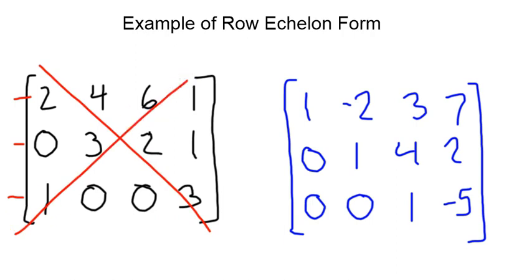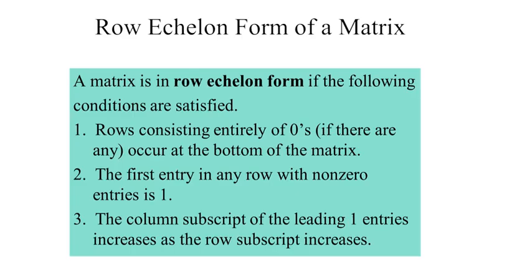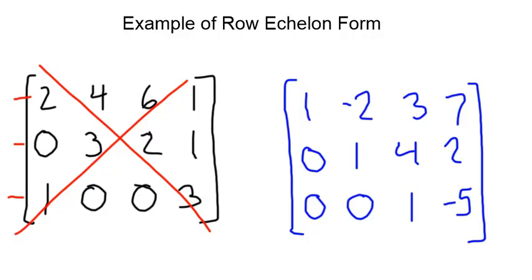If we look at the second matrix, each of our rows has a leading coefficient of 1. So that condition is met. The third condition we talked about before: the column subscript of the leading 1 entries increases as the row subscript increases. Each of our leading coefficients in each row must be 1.